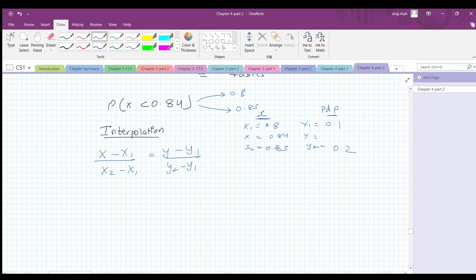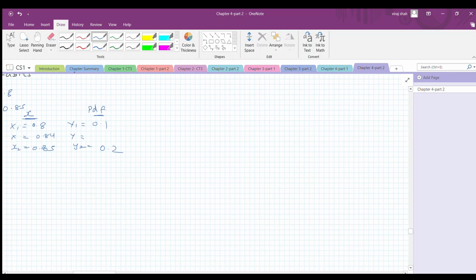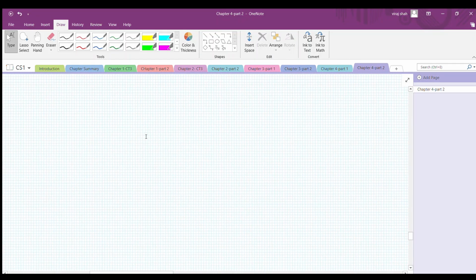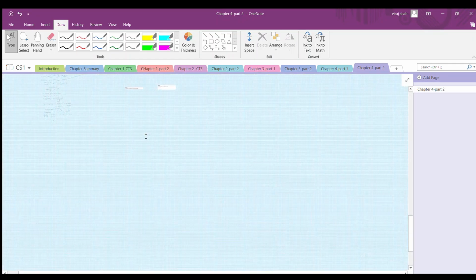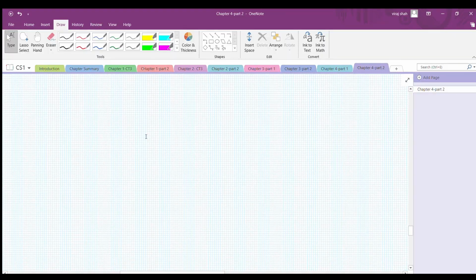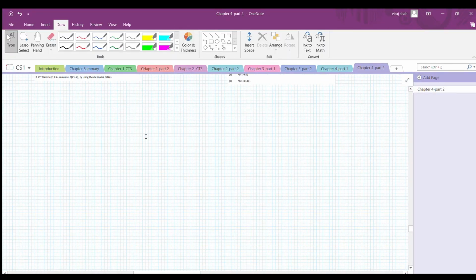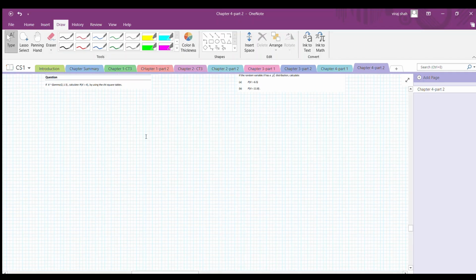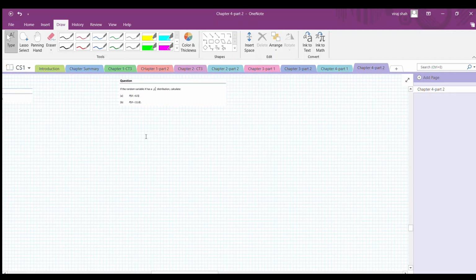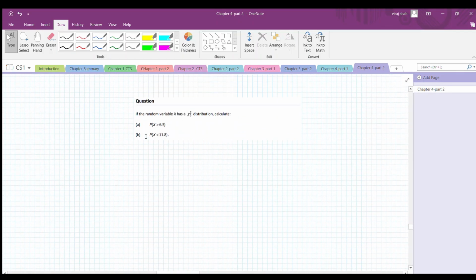So let's solve one or two sums. Let me just have a view over the sums I have copy pasted. Okay, I want to find chi-square 5. I have been given this. I want to find probability of x greater than 6.5.